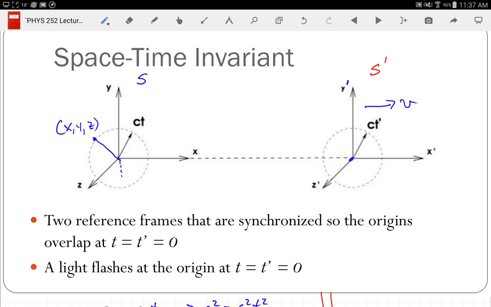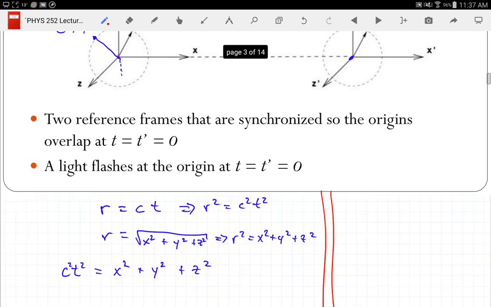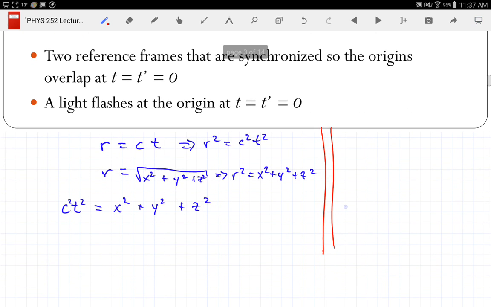Yes. And so would the Pythagorean theorem still apply? Yes. So I'm going to have the exact same relationship: c squared t prime squared equals x prime squared plus y prime squared plus z prime squared.